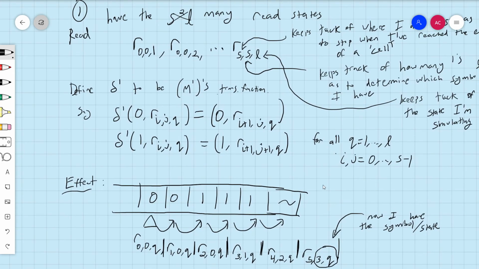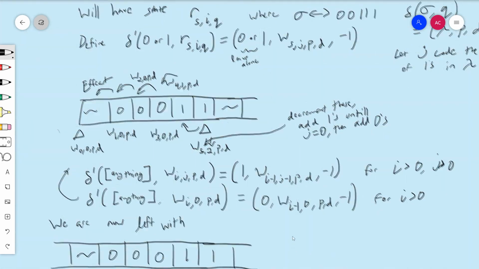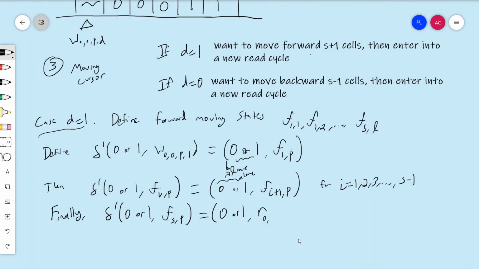I started in 0, 0, Q. So now I want to start in 0, 0, P. So that's going to move me forward one more tick and start me off in a new read phase, and then the process repeats. So this will have simulated a full step.